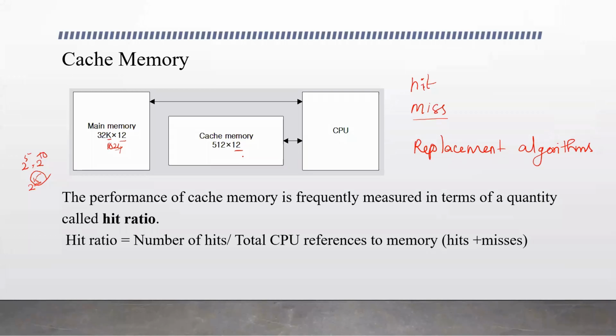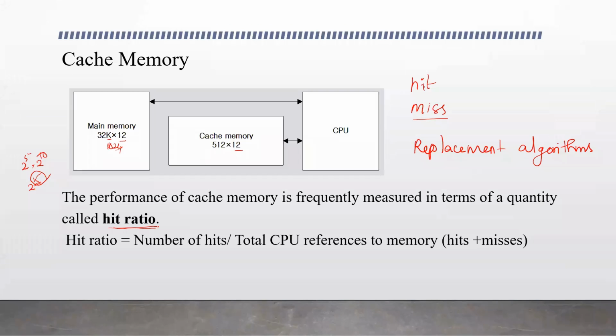Replacement algorithms are used to replace the existing word in cache with the new word coming from main memory. And the performance of this cache memory is measured with the hit ratio.